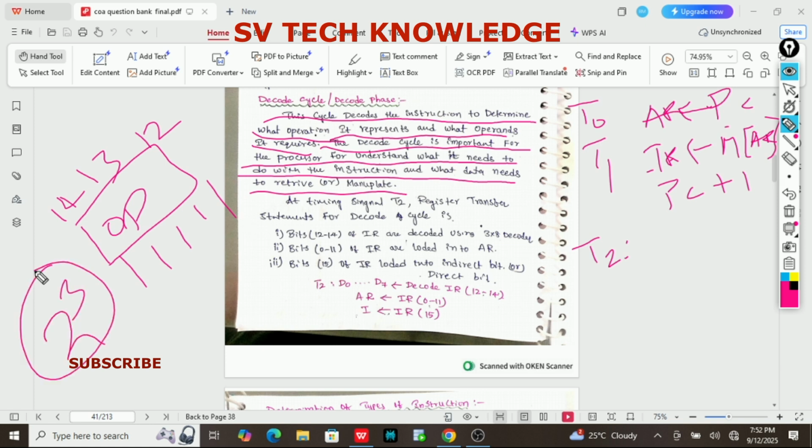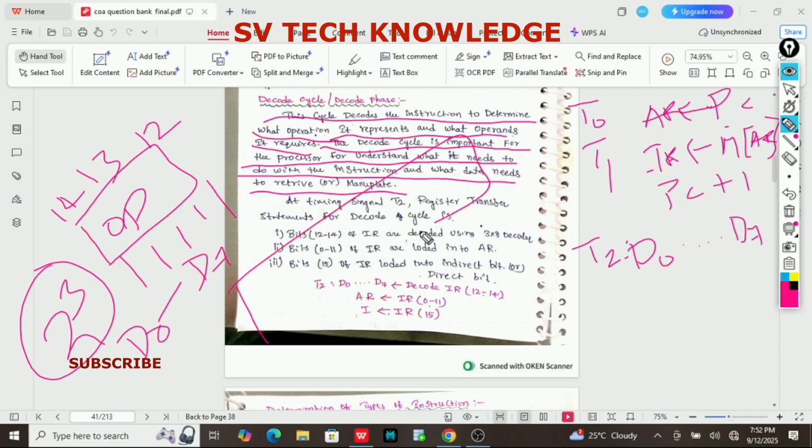In the last class we discussed this. We have named these 8 operations D0 to D7. So D0 to D7 operations will be decoded, and whatever the contents are in the address field of the instruction register.